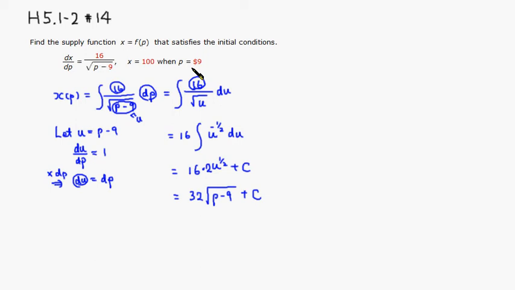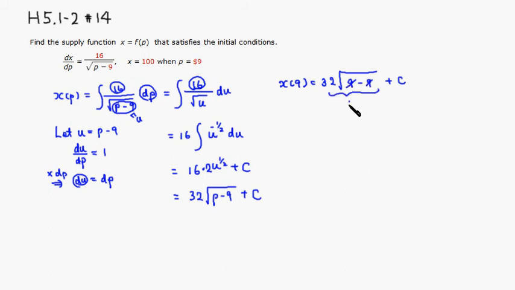So it says that when p equals 9, x is supposed to be 100. So let's plug it in. Plug in 9 for p. You get 32 square root of, so p is 9, 9 minus 9, plus some constant c. But the 9 and 9 cancel out, so that's 0.